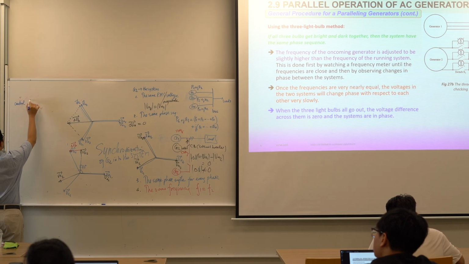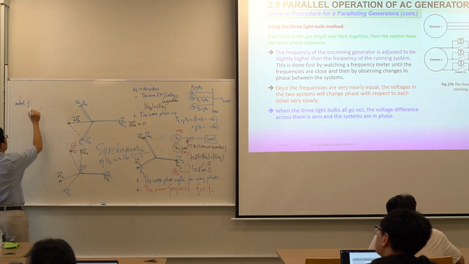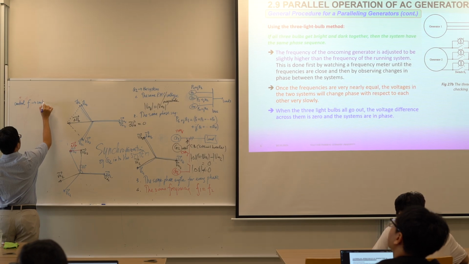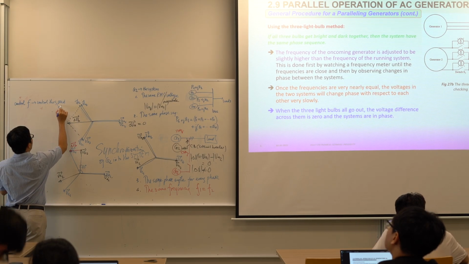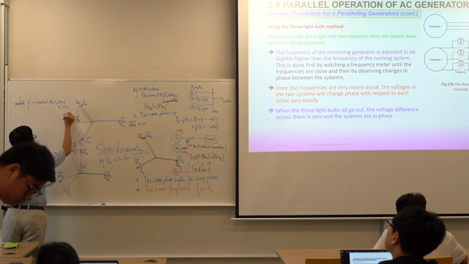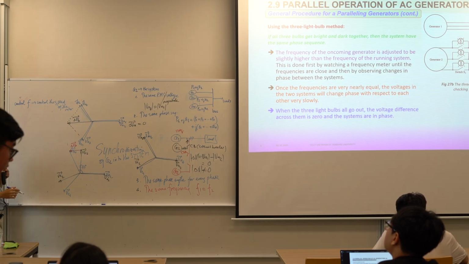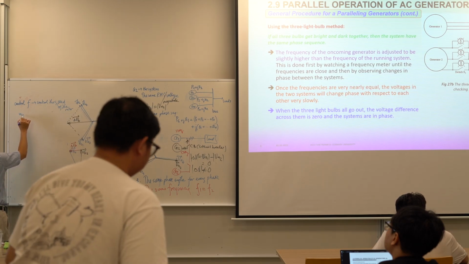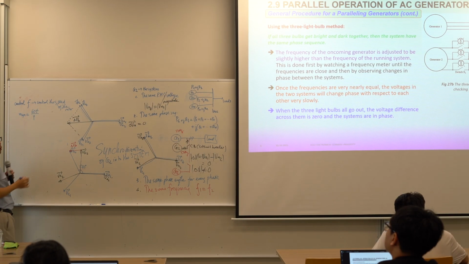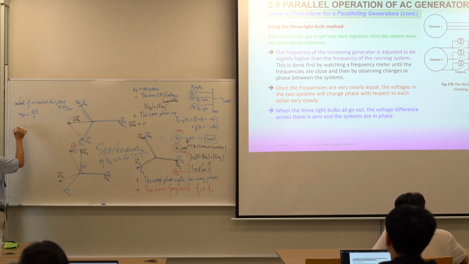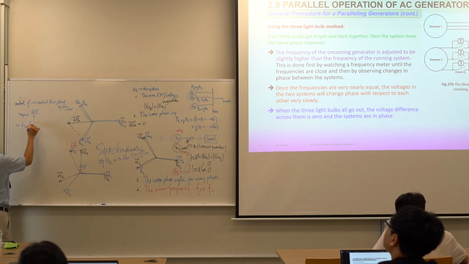So if we would like to control the frequency, what do we need to control? We need to control the speed of the rotor. That's right, because we have f_e = n_sync × P / 120, or rather n_sync × P over 60 with pole pairs.